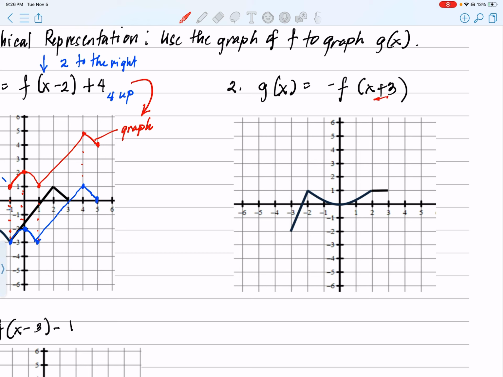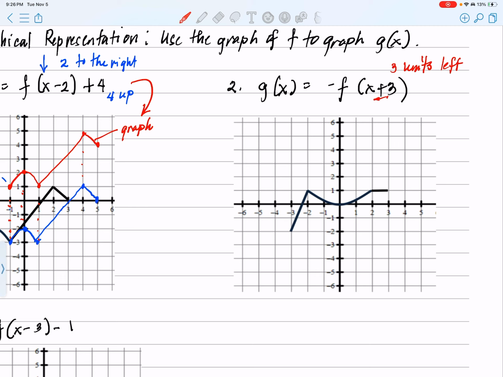X plus 3, that means to the left. 3 units left. Take note, do the opposite of the sign. When it's plus, to the left; when it's minus, to the right. So I have here 3 to the left.